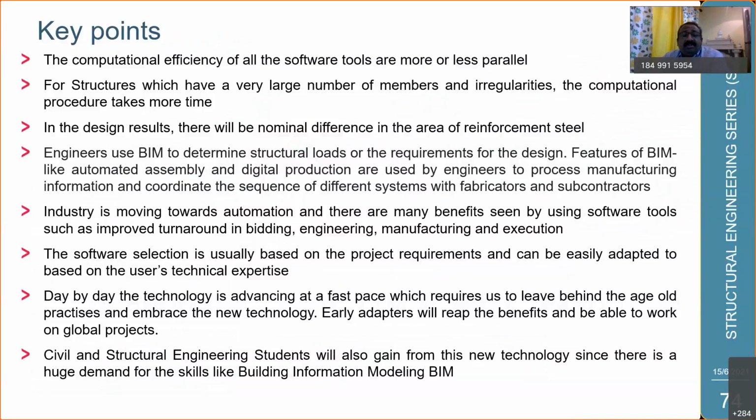In the design results, there will be a nominal difference in the area of reinforcement steel. You get the percentage of steel and how we distribute it; again there is some small difference, which is very nominal. And engineers use the BIM tool, as I said, to determine the structural loads or the requirements for the design.